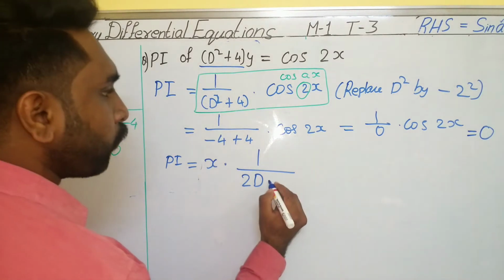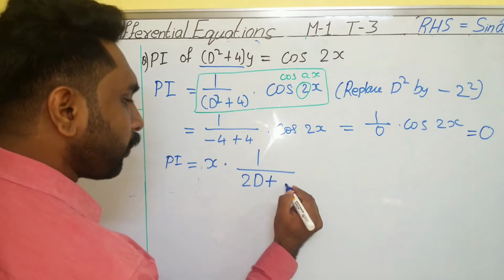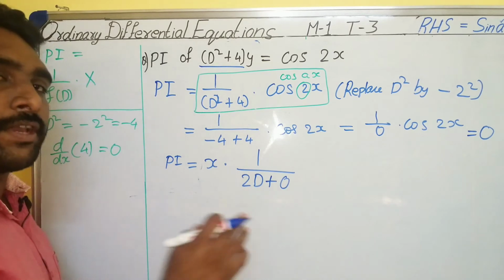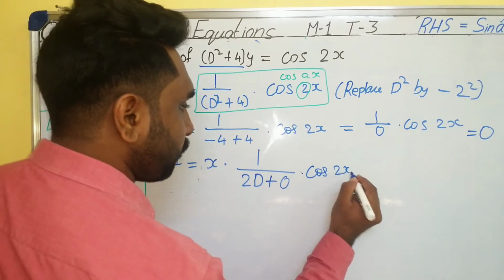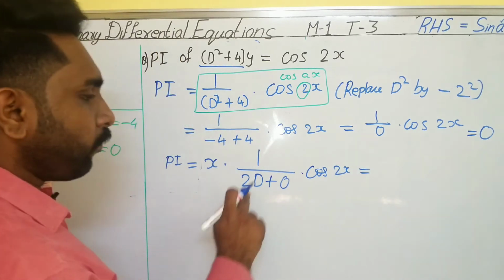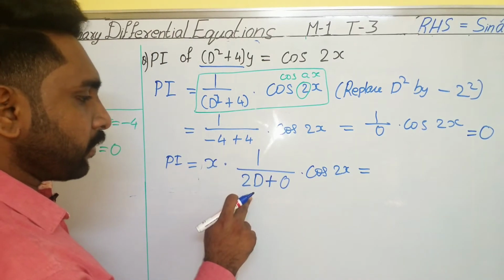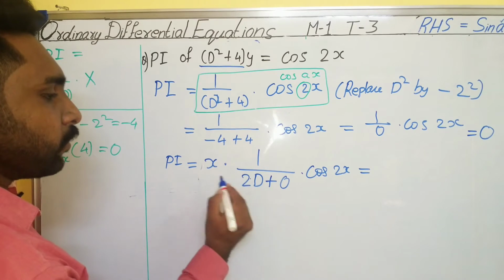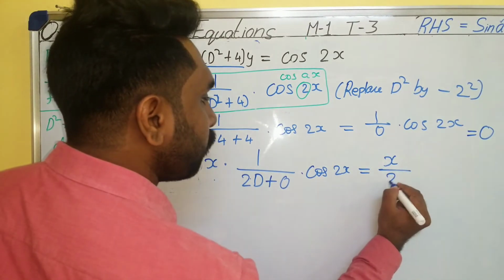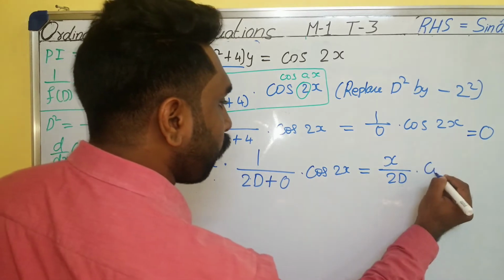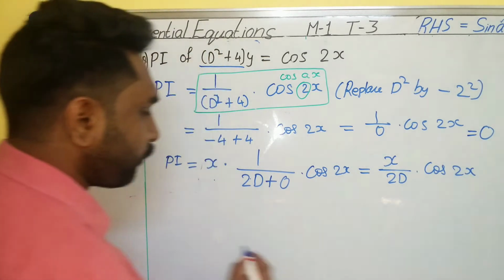So 2D plus 0, you can write it or omit it, into cos 2x. That is equal to x into 1 by 2D into cos 2x. We can take 2 outside, so we can write x by 2D into cos 2x.